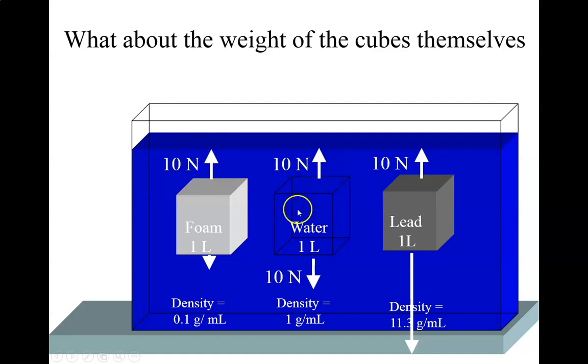If something weighs the same as water, the buoyant force is going to be equal to the weight pushing down, so it's just going to sit there. And if something has a density greater than that of water, its weight is always going to be greater than the weight of the fluid displaced, so it'll sink. That's why things float when they're less dense than water and sink when they're more dense than water.